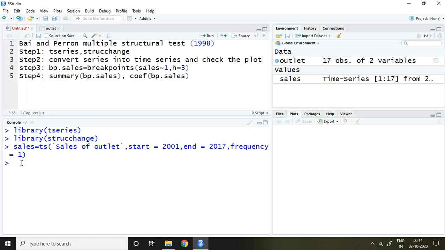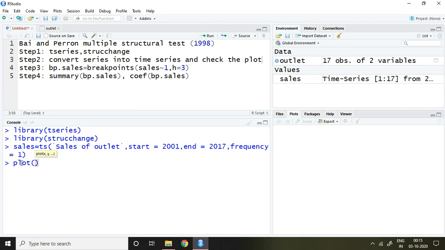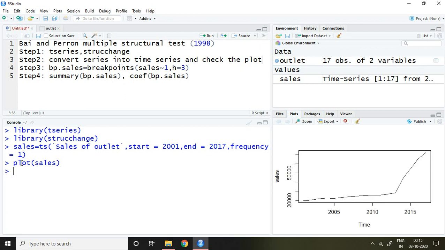Now I can also check whether that particular series has a structural breakpoint or not, but the idea can be generated, or we can guess, with the help of a plot. So I write here plot and then sales and enter.